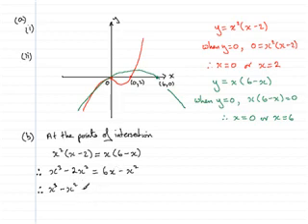Then I'm subtracting the 6x, so that's minus 6x, and it would leave me with 0. Now we have a cubic equation, and what we should try and do is factorize it.